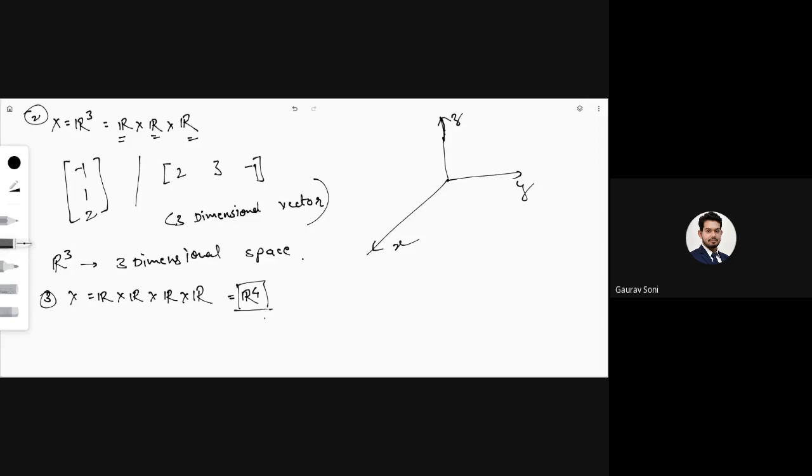A vector in R raised to 4 will look like, say, 1, 2, 3, 4. This is four-dimensional space. So I can write this four-dimensional vector. It means that it has four entries.